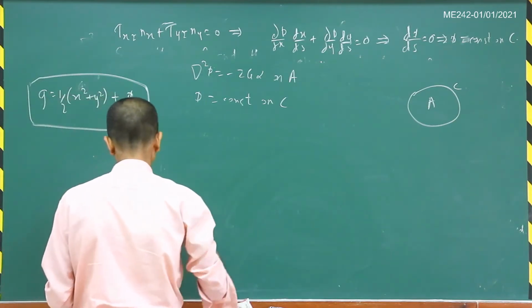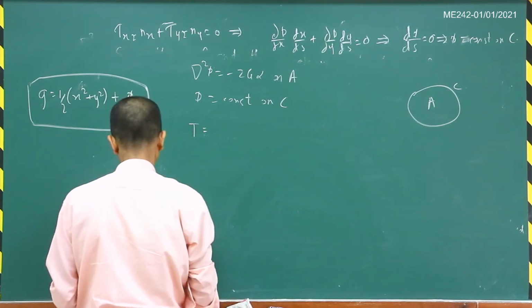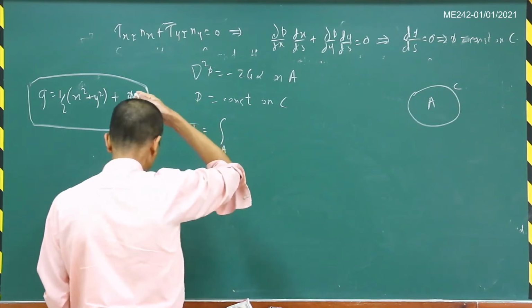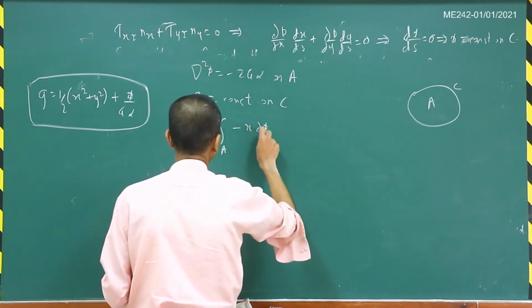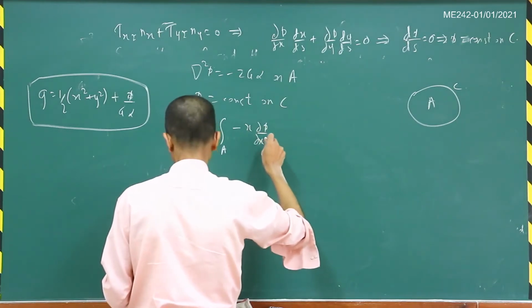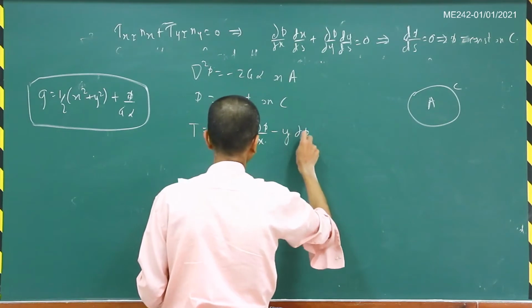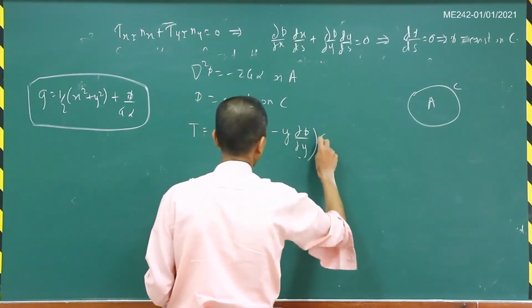So T is equal to the integral over A of minus x times del phi by del x minus y times del phi by del y times dA.